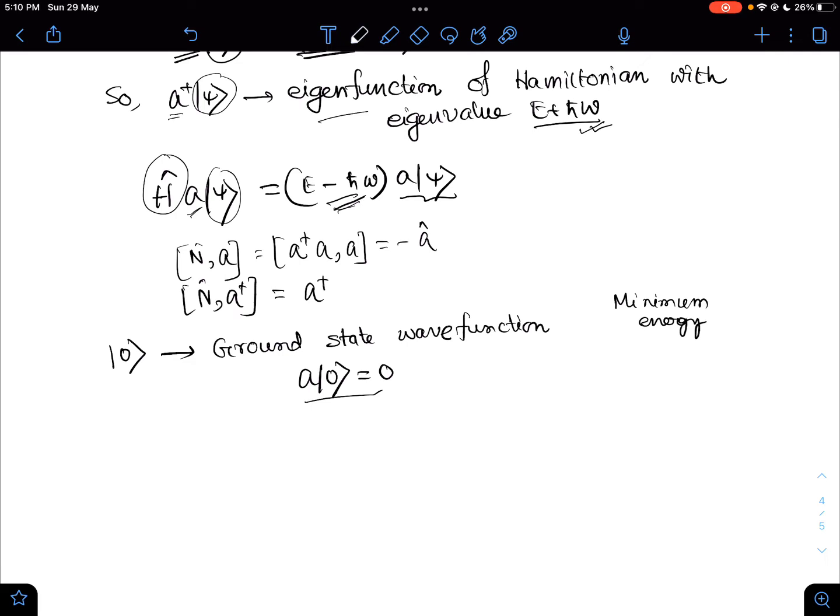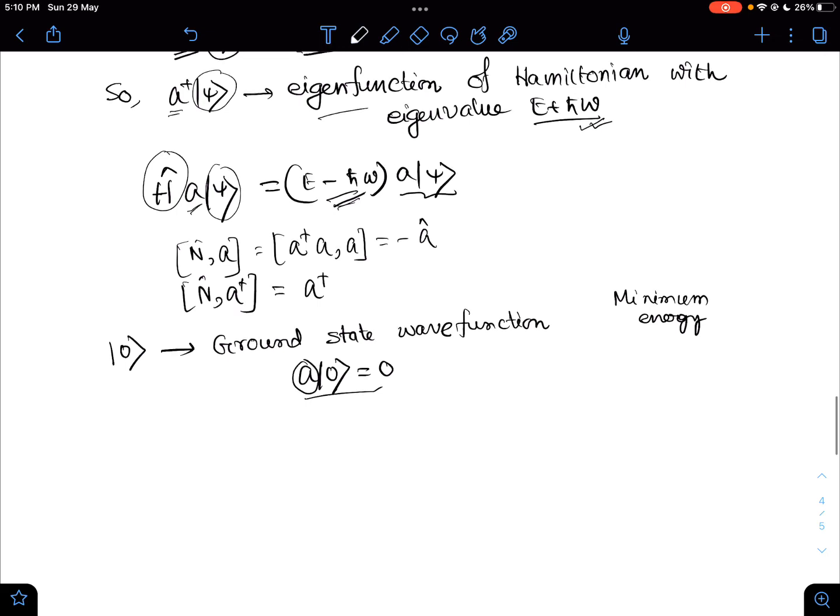So if we apply the lowering operator on the ground state, and suppose instead of getting 0 we get another state, say alpha or beta. If the ground state wave function has energy E0, then this state will have some energy E0 minus ħω.